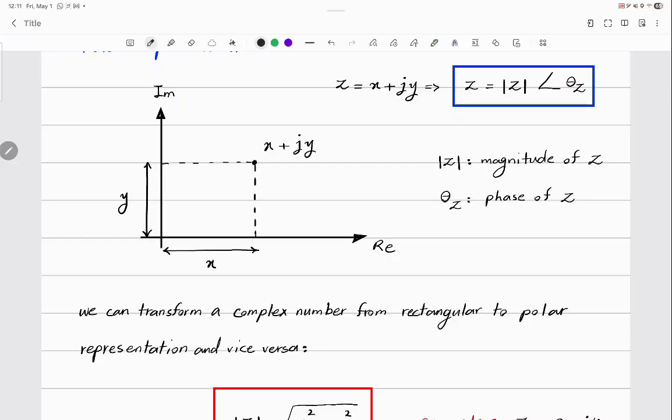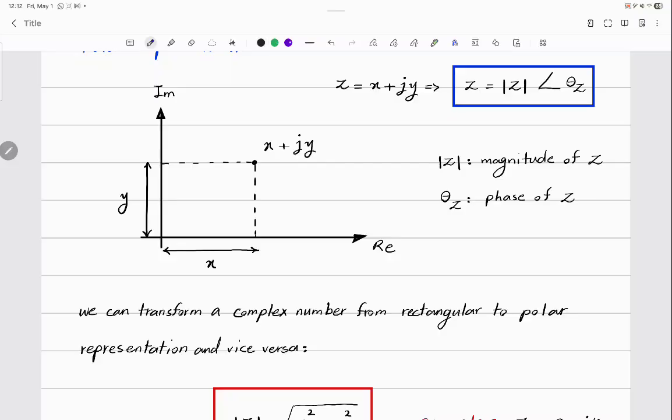Slope has a meaning when you have a function, a dependent variable and an independent variable. These are both independent variables. So if you want to draw a function, you need a third axis. That's why complex numbers are actually complicated in terms of integrating, because you need one extra dimension.